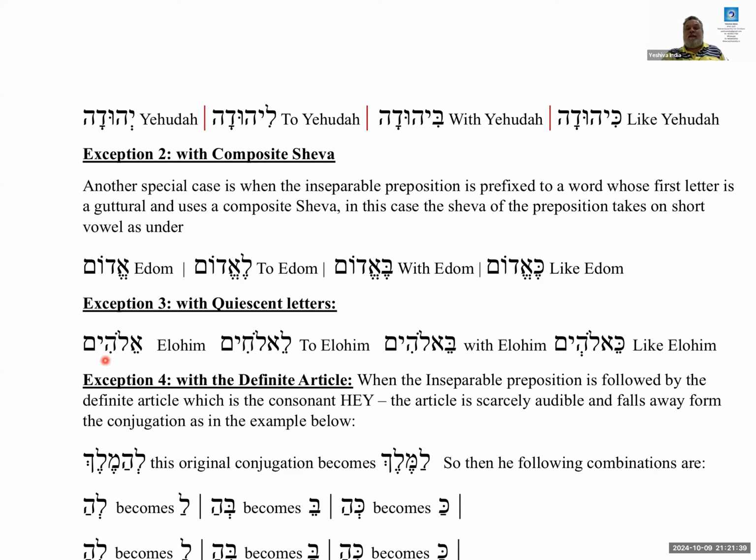In this case, the Aleph assimilates into quietness, becomes silent, becomes quiescent, and it becomes Le Lohim, Be Lohim, Che Lohim. What happens? The Aleph subsumes and becomes silent.